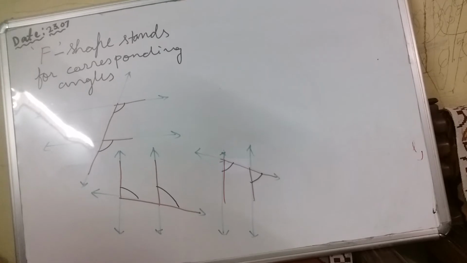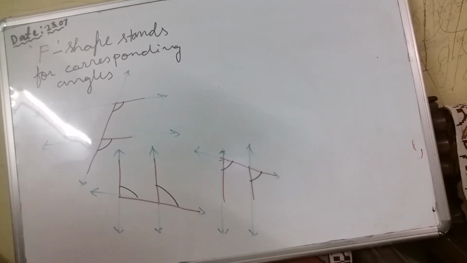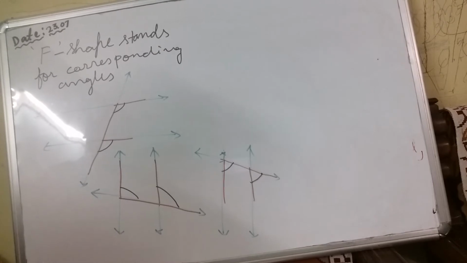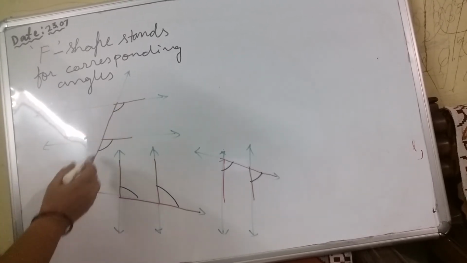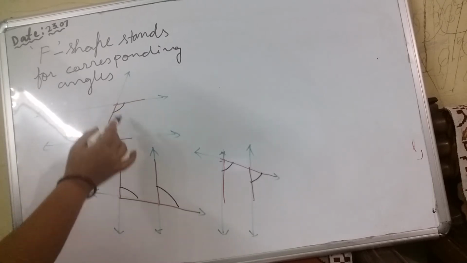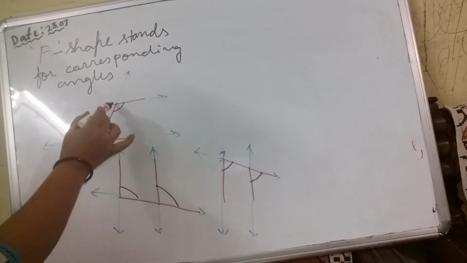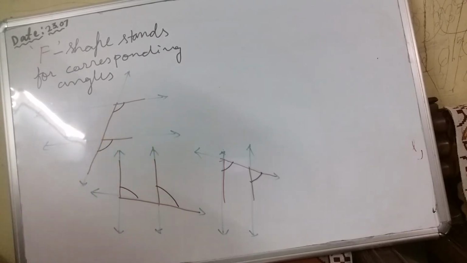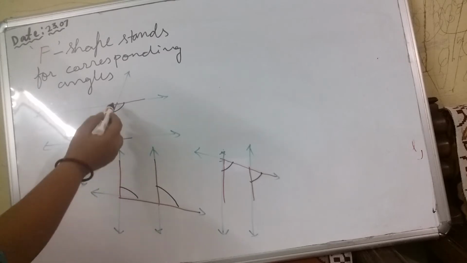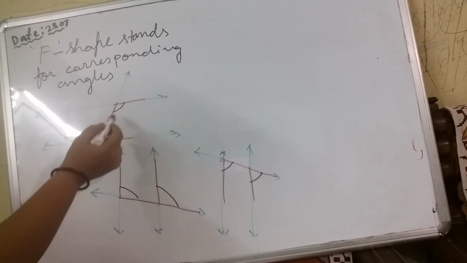Now, how will you know which angles are corresponding angles? If you look at this, whenever there is an F letter or F shape, that will be corresponding angles. You can see that one F has formed here.